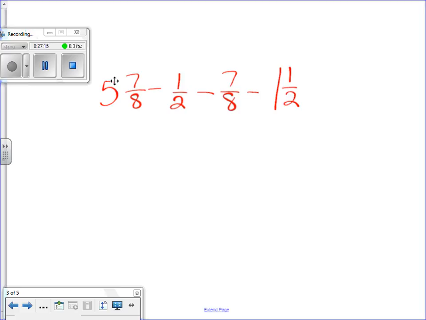Because it can be done more than one way. I can do a common denominator of 8 and just subtract all the way. I wouldn't do it. It's more work.